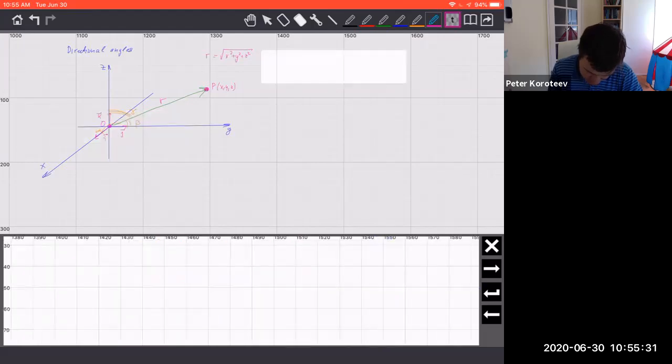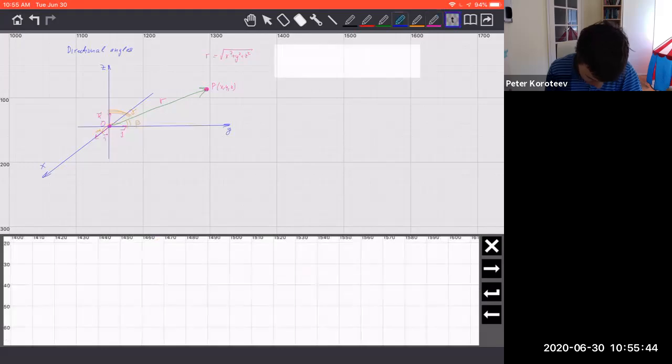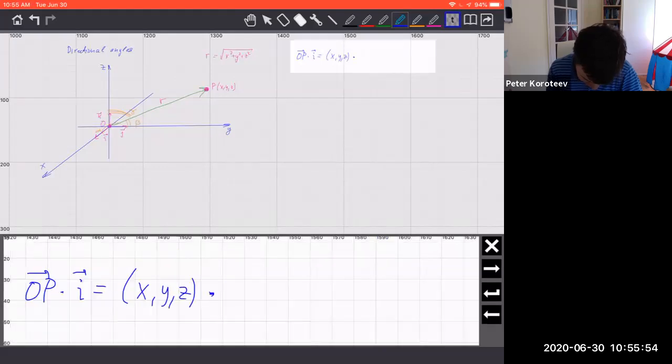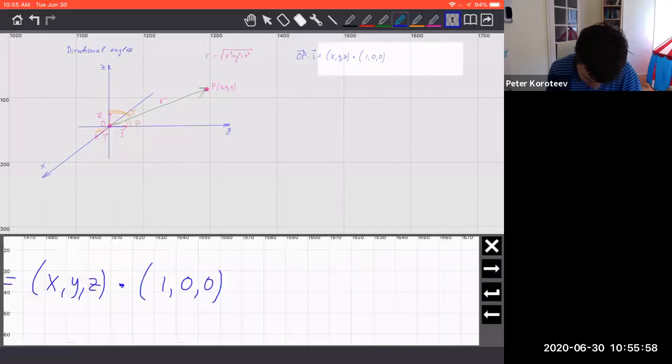If you take the vector OP dot with i, which is 1, 0, 0, that gives you x.